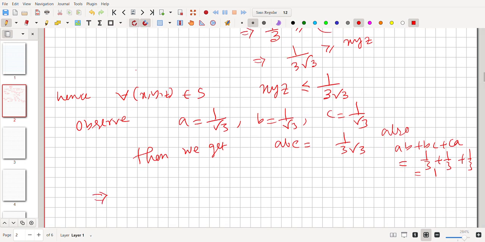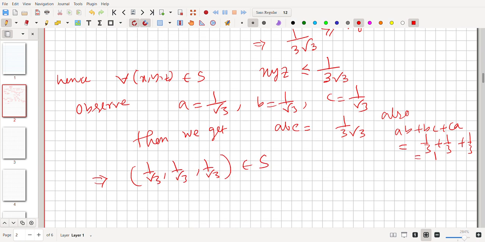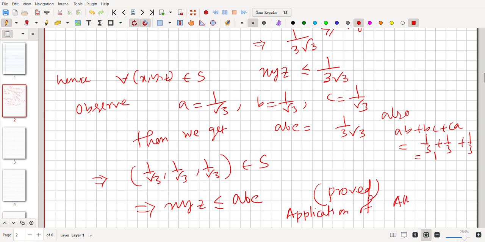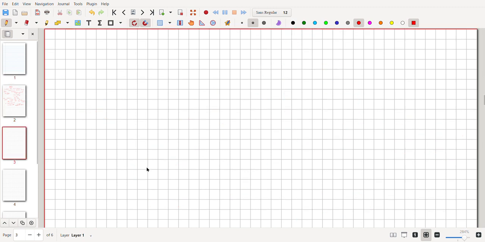That implies that this triple belongs to S, which implies that xyz is less than or equal to abc. Proved. It's a very simple problem, just an application of the AM-GM inequality. Right, go to the next one.